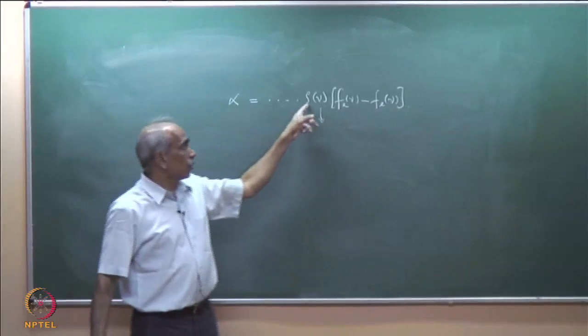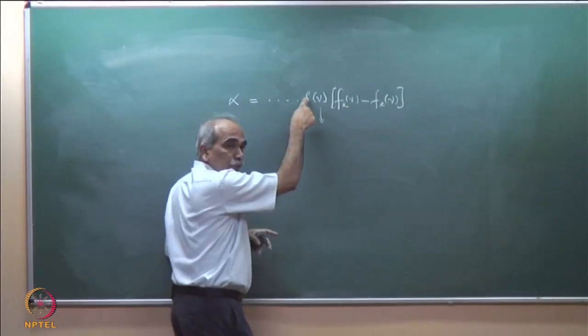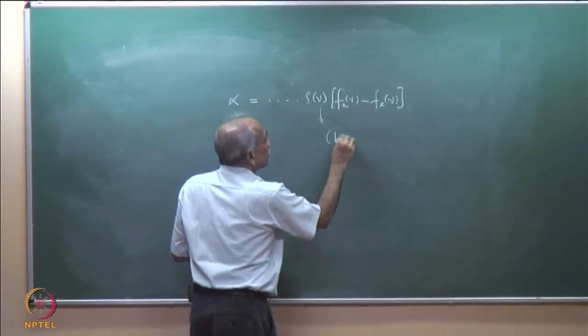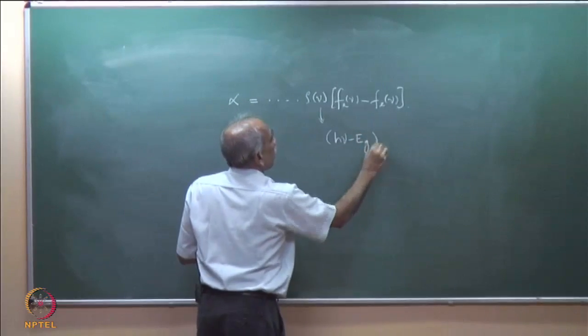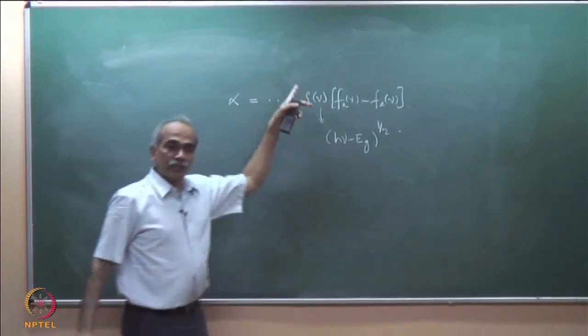Some constants here, rho of nu and this. And this rho of nu is the one which gave us the term h nu minus Eg to the power half, the density of states.